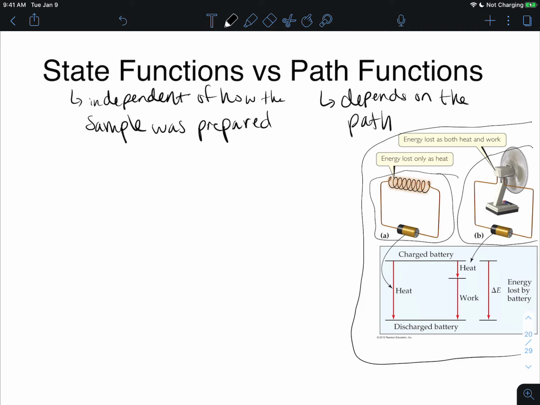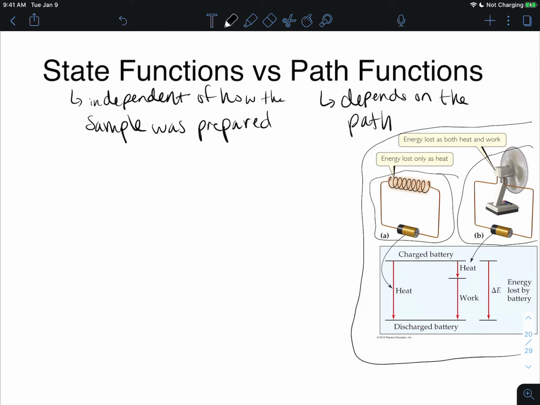Another way to think about this would be to think about pushing something, right? If you push something over a distance, it's going to be the same distance, right? Unless you go a different way. Then it's going to be a different distance. Or the speed at which you push it will determine how much work you've done. So it depends on force and distance to determine your work. Another way you could think about it is going up a mountain.